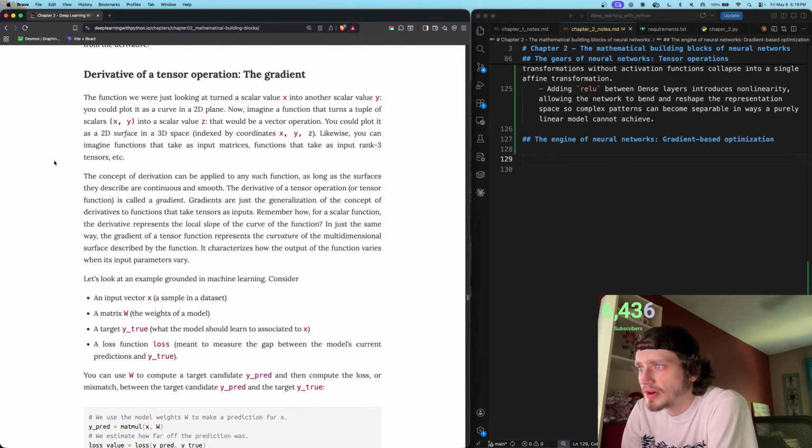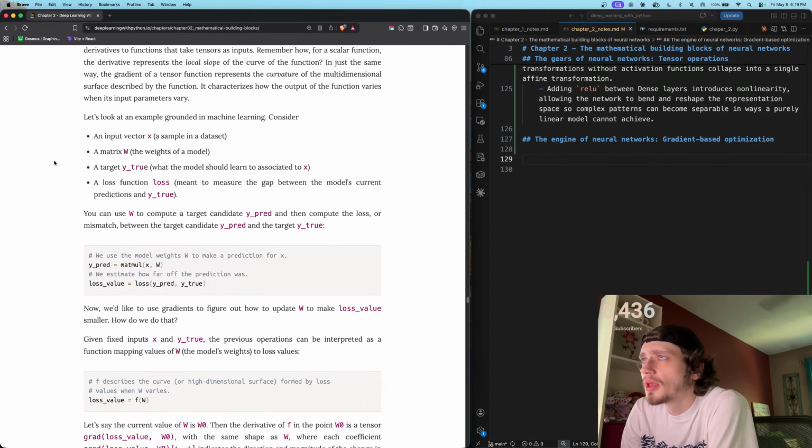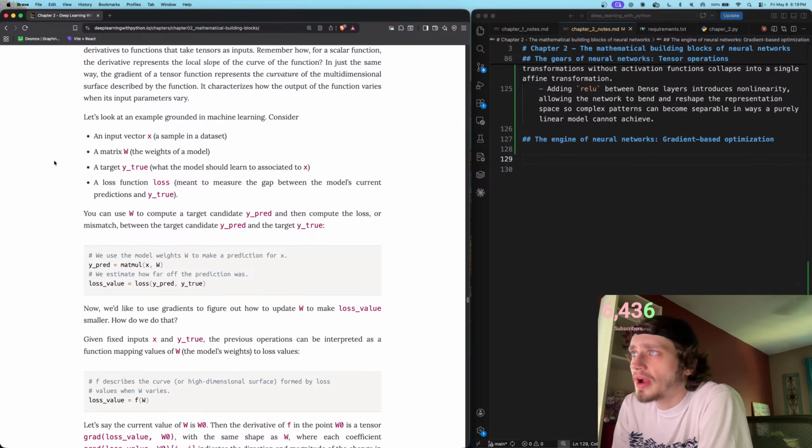Let's look at an example grounded in machine learning. Consider an input vector x, which is a sample in the dataset, a matrix W, the weights of a model, a target, y_true, what the model should learn to associate to x, and a loss function, loss, meant to measure the gap between the model's current predictions and y_true.